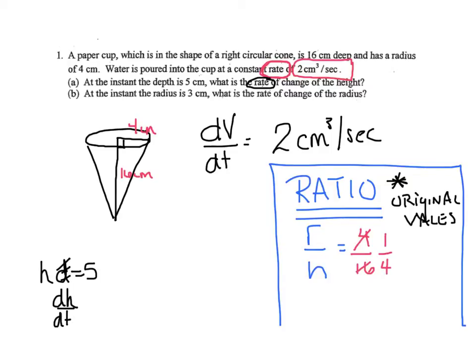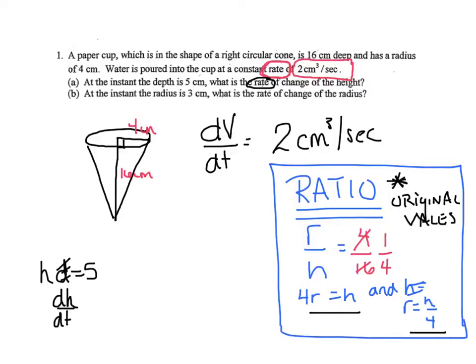Now, I'm going to go one step further. I'm going to cross multiply and solve for both variables. I'm going to say 4r equals h, and r equals h over 4. Because I don't know if I want the h equals or the r equals, so I'm going to write both of them down. Obviously, I just divided by 4 there. And let's box that in. That is the ratio we're going to use in this problem.